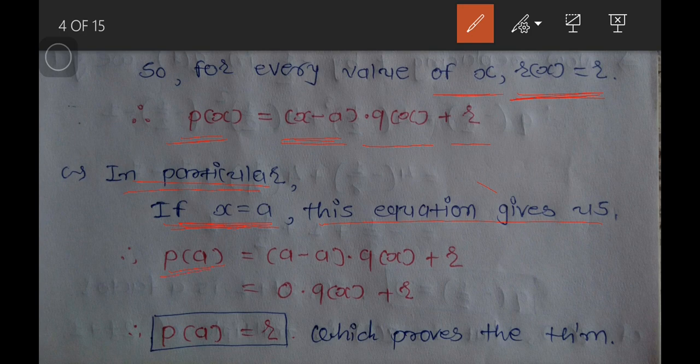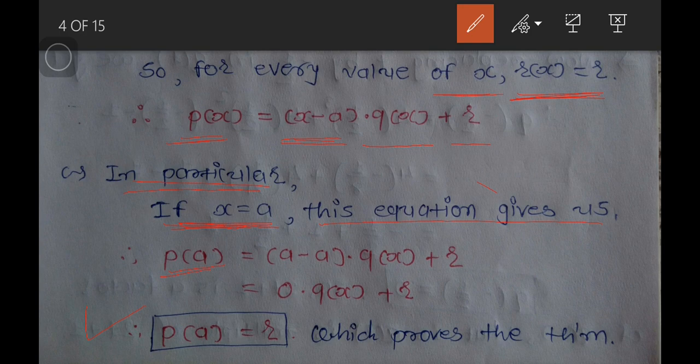That is p of a is equal to a minus a into q of x plus r, and is equal to 0 into q of x plus r, and 0 into q of x is equal to 0. So at last the remainder is p of a is equal to r, what we wanted to prove. So this step proves the theorem. So it was so easy, you can understand it step by step.